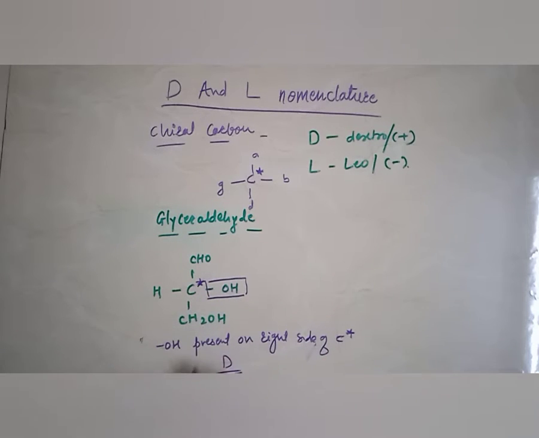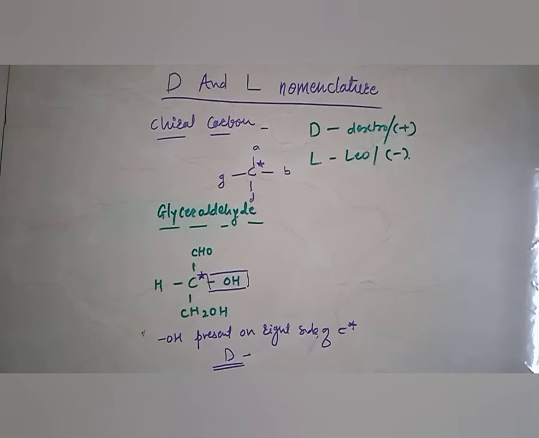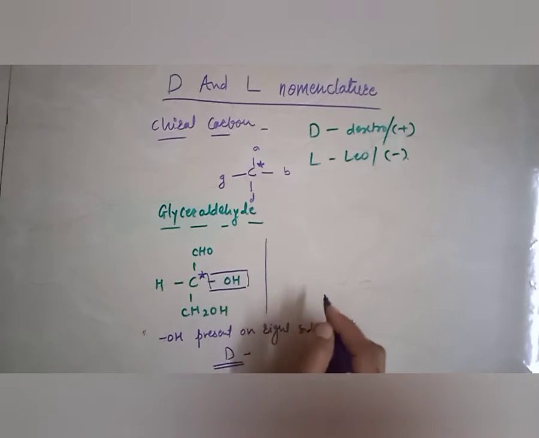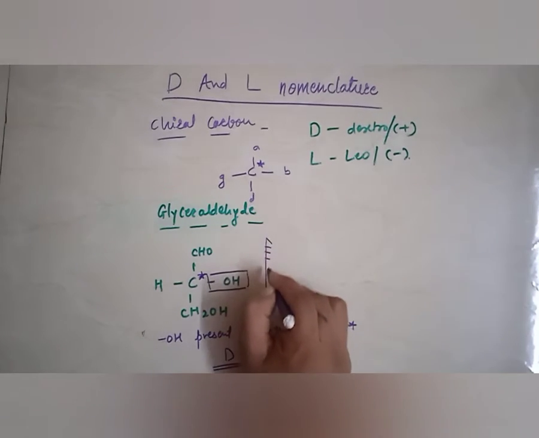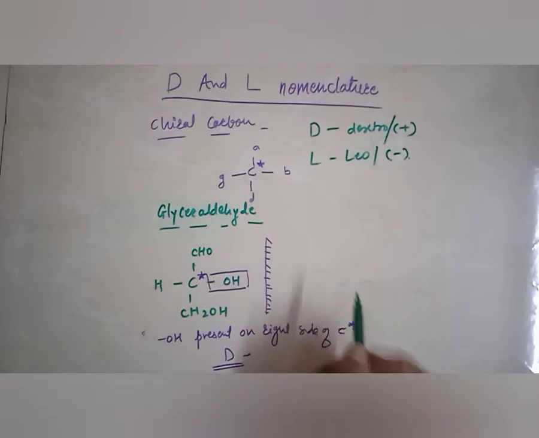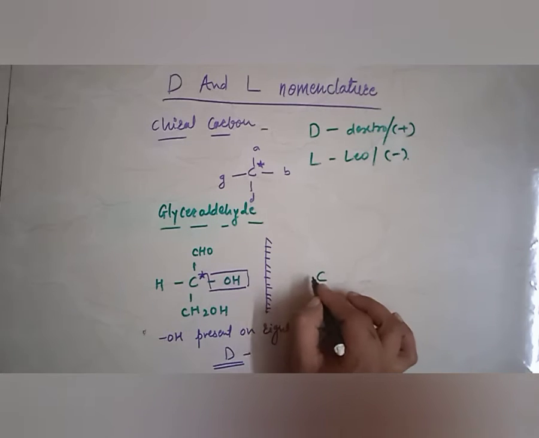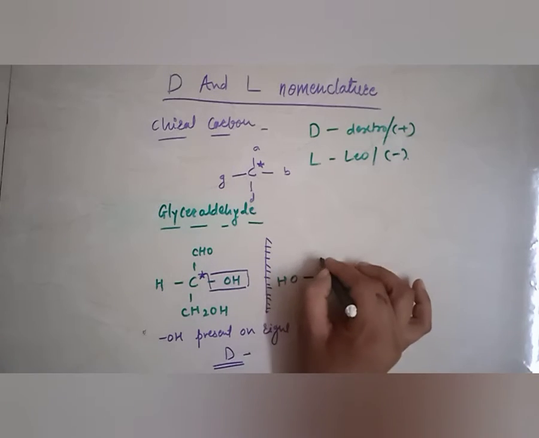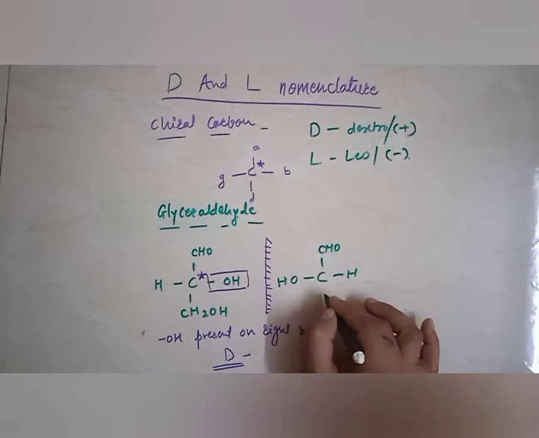So consider the mirror image of glyceraldehyde. Then obviously this OH group comes to the left side of the chiral carbon. Write down here the mirror image of glyceraldehyde. The OH group goes to the left side and hydrogen goes to the right side.